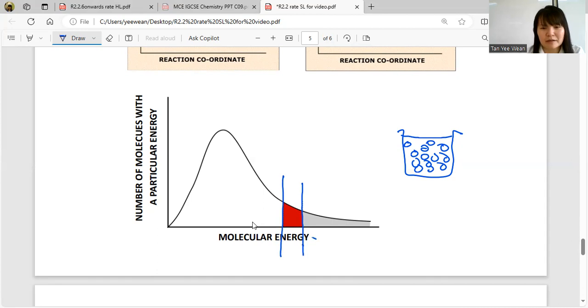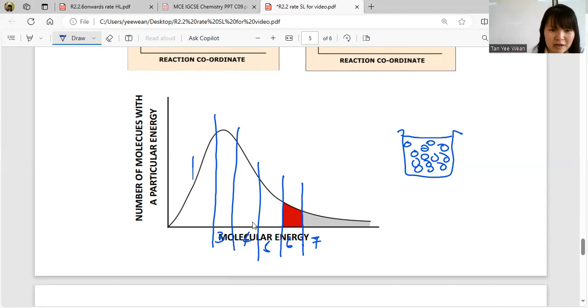I'm gonna relate it to your result: IB7, IB6, IB5, IB4, IB3, IB2, IB1. Or particles with a lot of energy, particles with lesser energy, and particles with very little energy. So in a beaker, you will have particles with higher energy, middle energy, and lower energy.